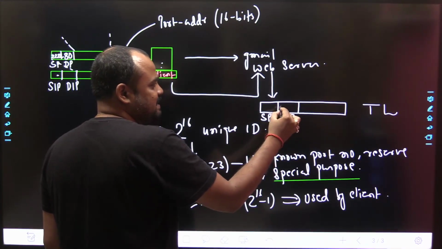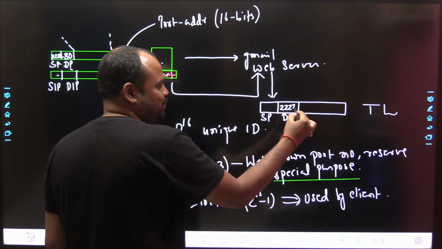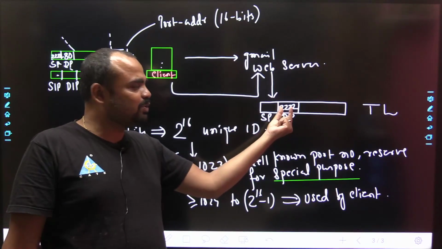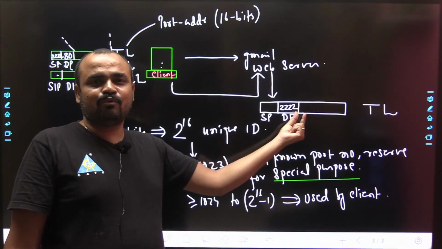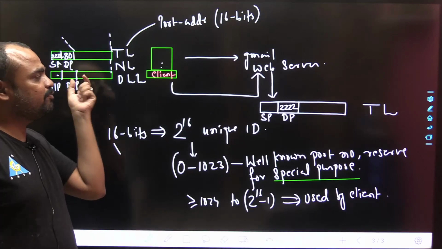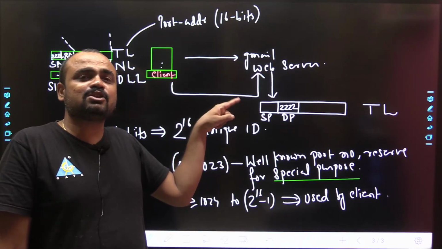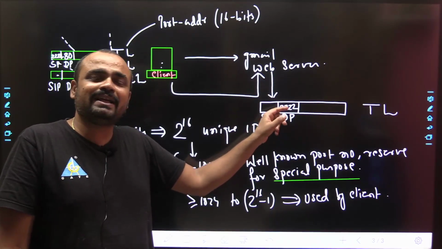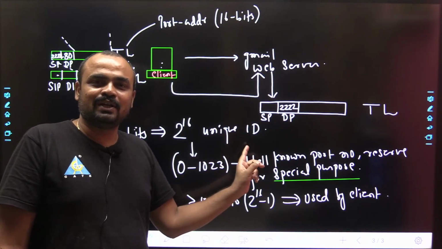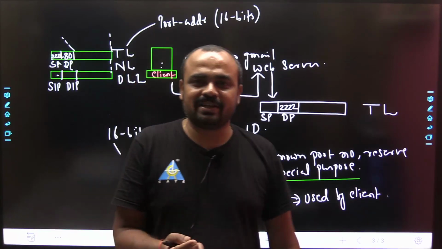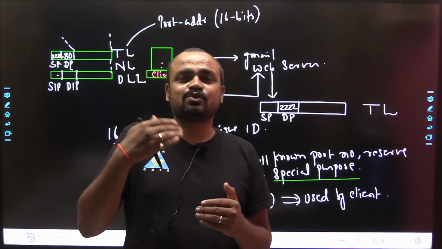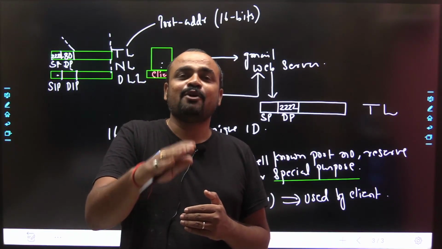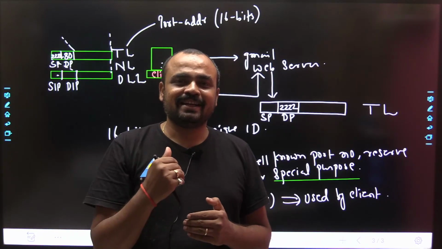In place of the destination port it will put 2222. Whatever comes inside the source port of the requesting packet becomes the destination port in the reply packet, yes or no? Suppose I am sending you a parcel. Whatever source address is given inside the parcel becomes the destination address whenever you reply to me, yes or no?